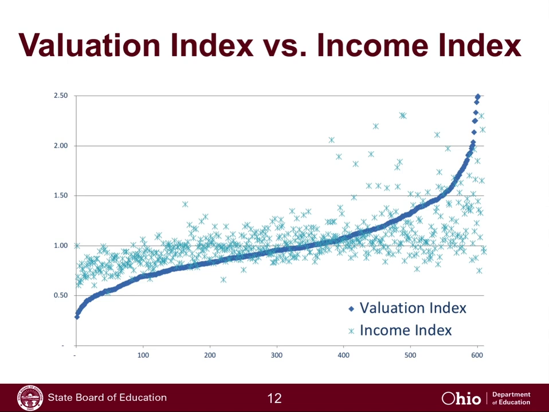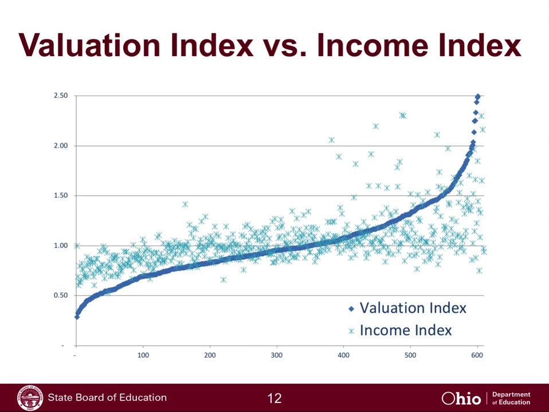So we use income in calculating the state share when it is less than the valuation index that is computed for a district. The districts that see their state share adjusted based on the lower income of the residents in their district are listed on the lower right-hand side of this graph.